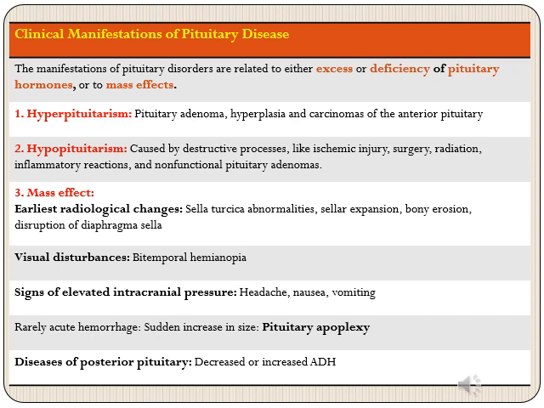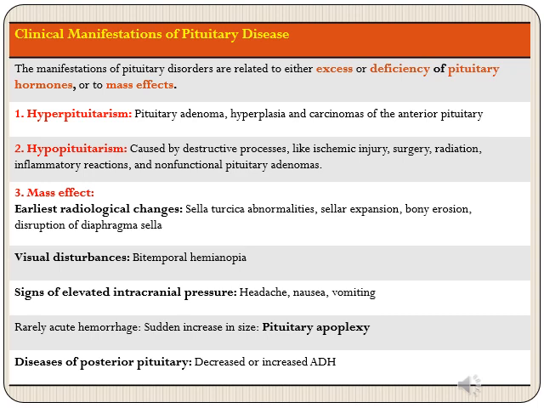So starting with hyperpituitarism. This results mainly because of pituitary adenomas, which are benign tumors of pituitary. Then there can be hyperplasia, which is increase in mass of pituitary, and rarely we can have carcinomas of anterior lobe of pituitary. So these are the causes of hyperpituitarism.